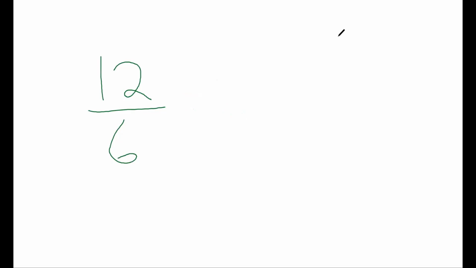You are saying 6 times what mystery number gives me the 12 I started with? If you think about division that way, at least for simple numbers, it's pretty simple as well. I have to multiply 6 by 2 in order to get 12. And thus, you can open your eyes now. The result of 12 divided by 6 is 2.